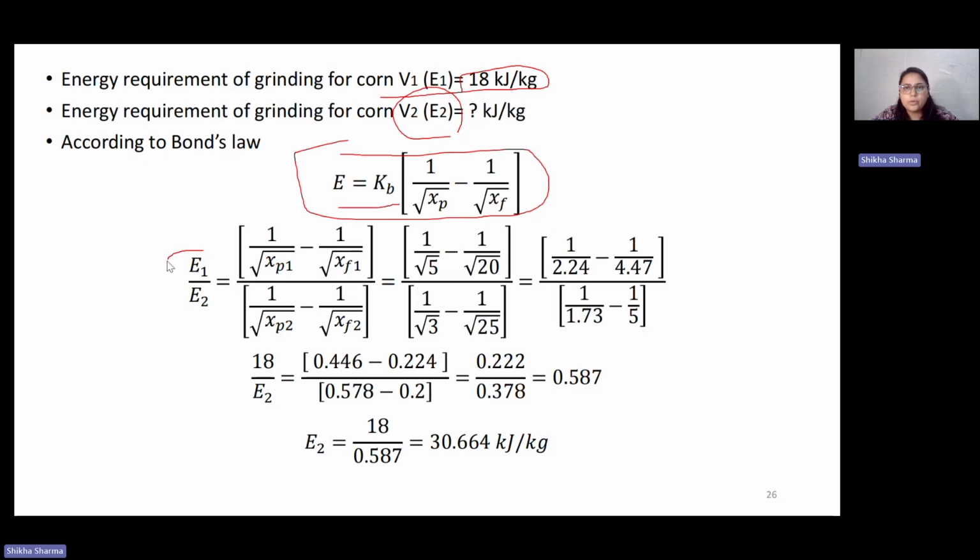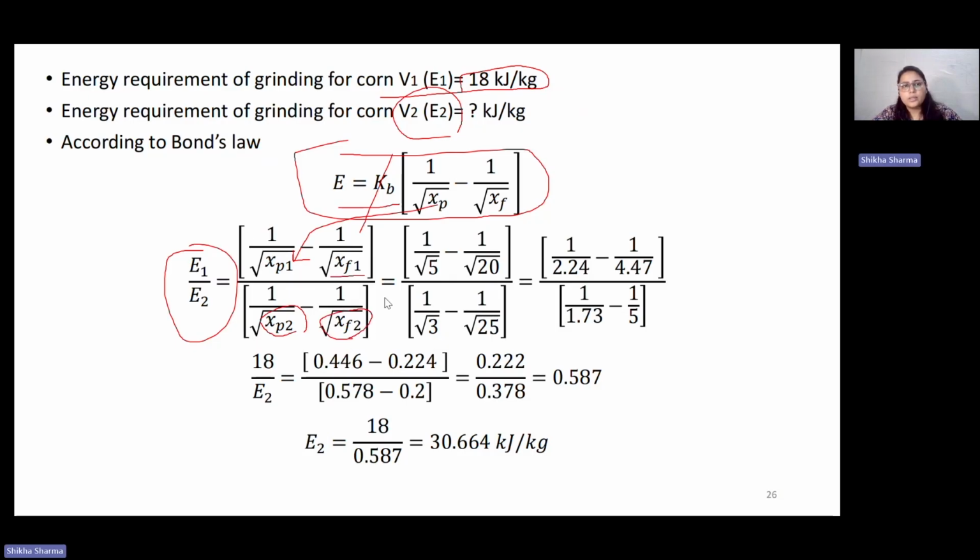So E1 divided by E2 will be, Kb will be removed, 1 upon under root xp of variety 1 minus 1 upon under root xf1, divided by 1 upon under root xp2 minus 1 upon under root xf2.